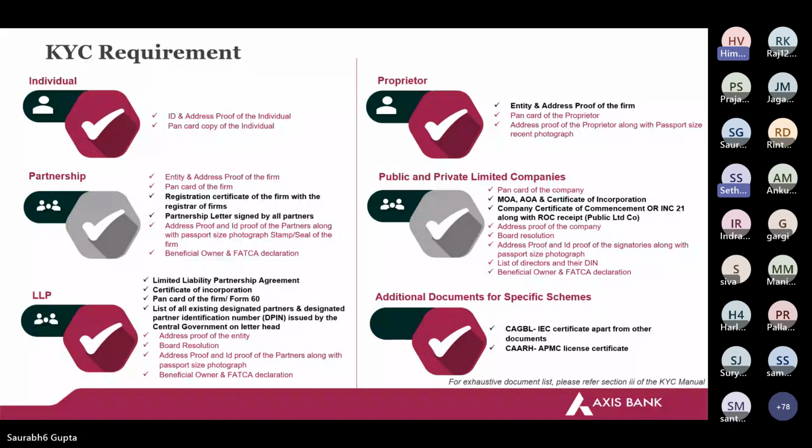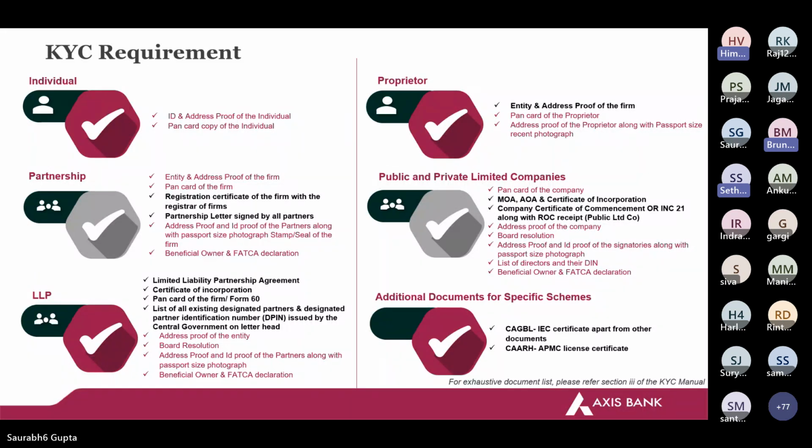But when it comes to a sole proprietor, then the entity and address proof of the firm, the proprietor's address proof and PAN card, as well as the ID proof will be required. So depending upon the constitution, the KYC documents will vary.